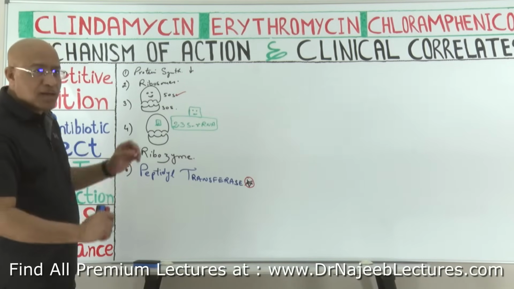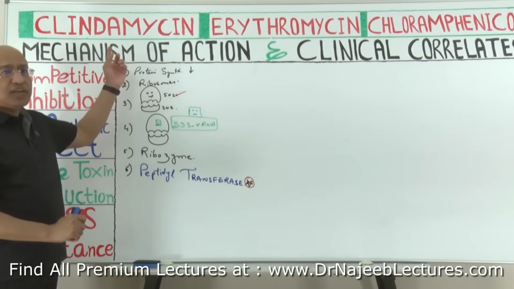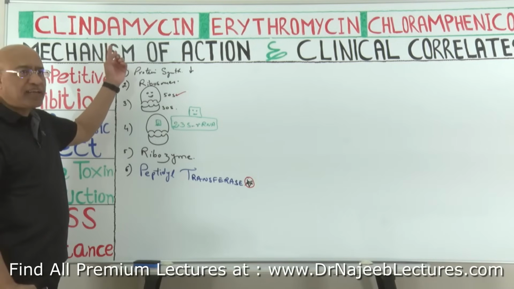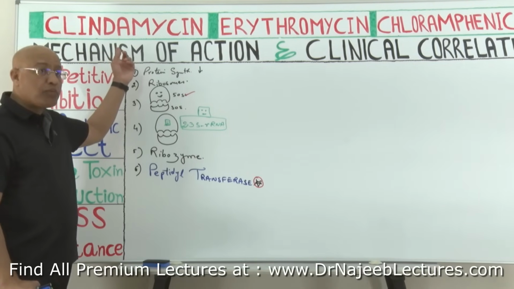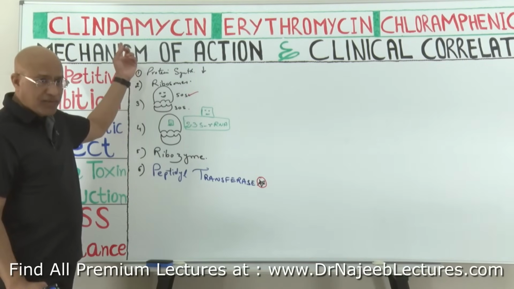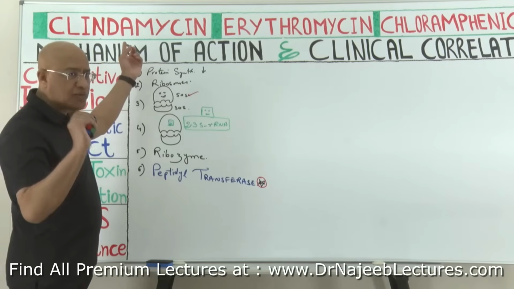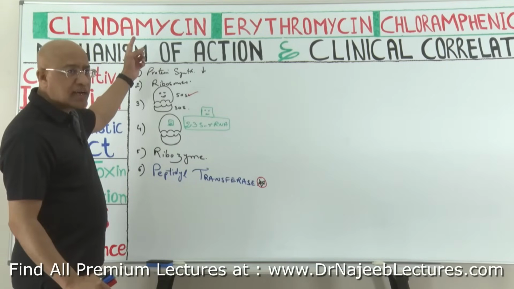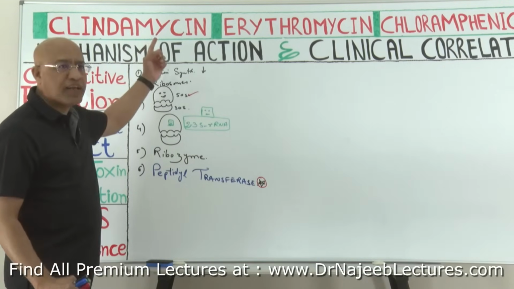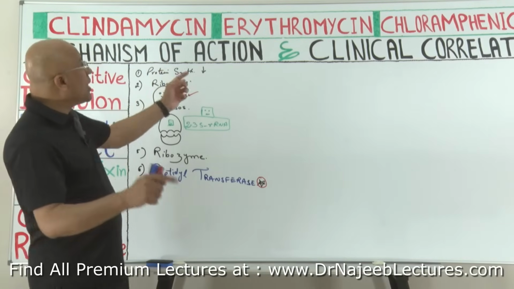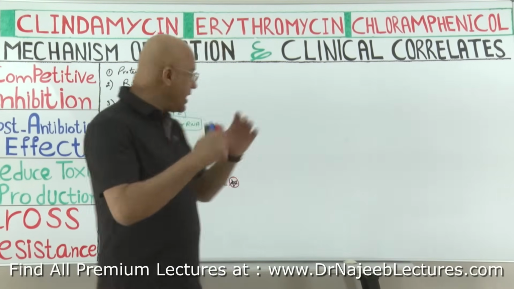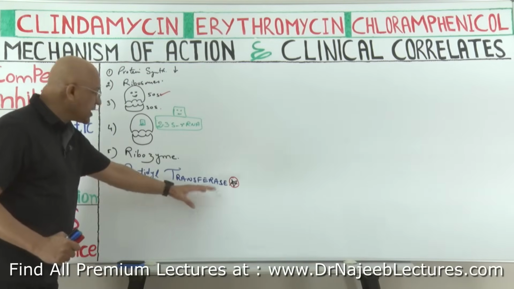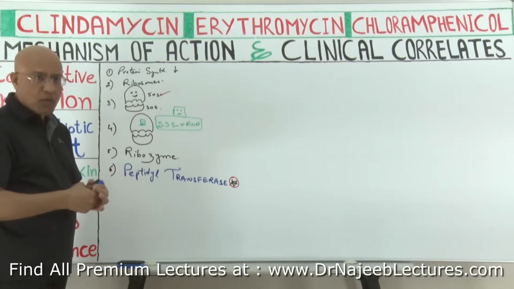Or if ribosomal alteration is such that clindamycin cannot work on bacteria, right? Clindamycin has developed resistance due to ribosomal 50S subunit alteration. I will explain what kind of alteration. If bacteria has done that alteration and if clindamycin is failing, we will understand then why erythromycin will also fail, right? So let's first of all understand peptidyl transferase, what it is doing.